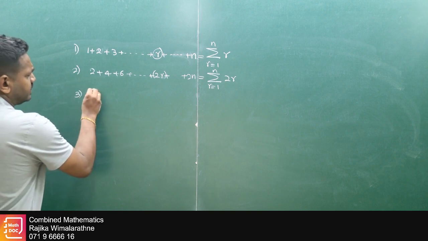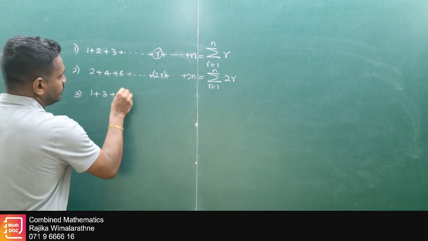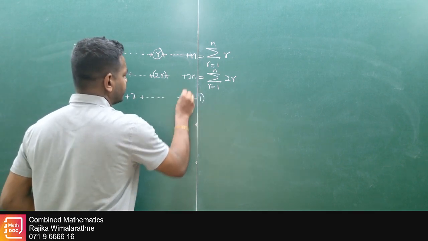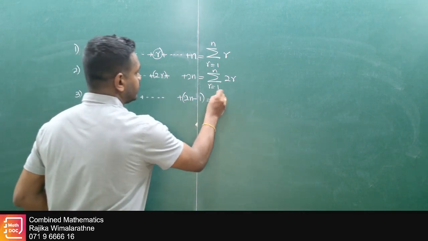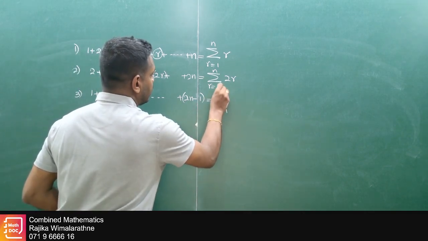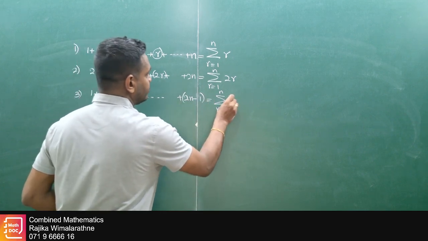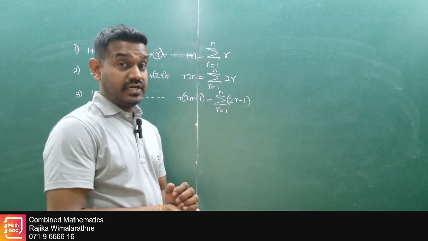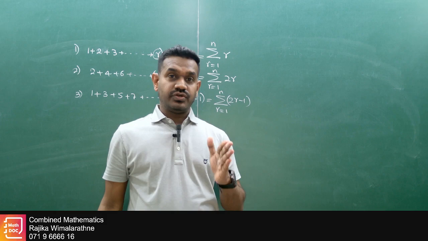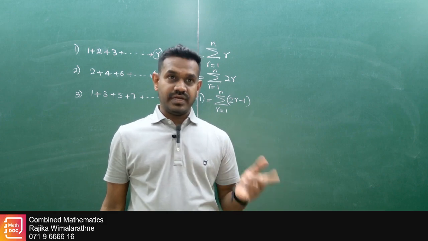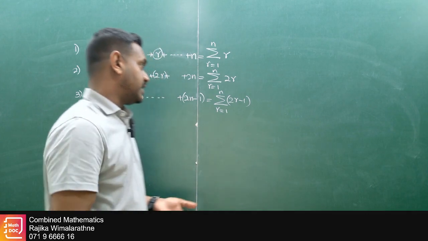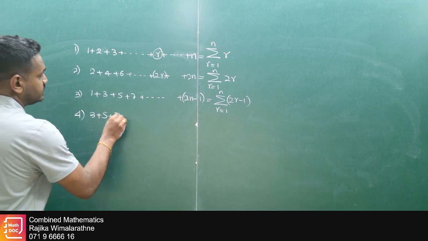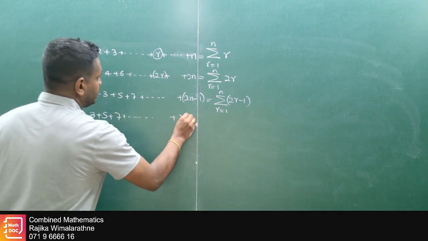Third one: 1, 3, 5, 7, up to 2n minus 1. Here we write sigma r equal 1 to n, and the r-th term will be 2r minus 1. Remember, even numbers we can create by 2r, and odd numbers by 2r minus 1 and 2r plus 1. Fourth one: 3, 5, 7, up to 2n plus 1.